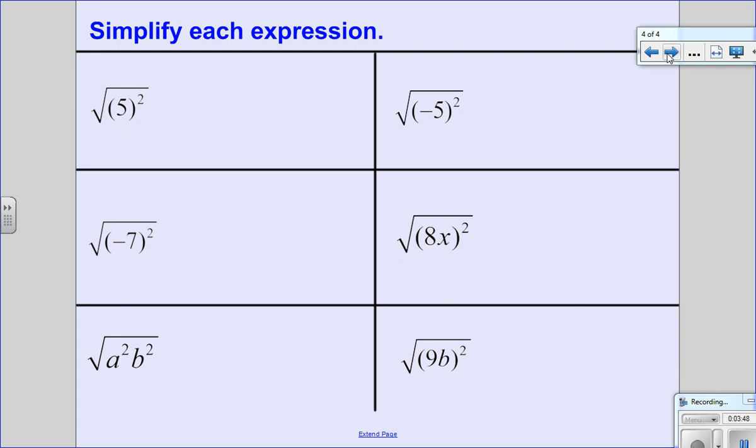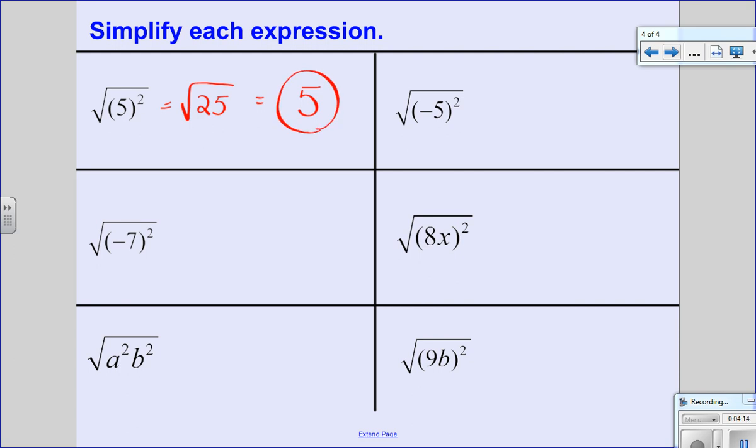Now let's do some basic simplification of radical expressions. So we have 6 different examples. We'll simplify all of these. The square root of 5 squared. So if we do our order of operations, 5 squared is 25. And now we want to find the principal square root of that. So we get 5.